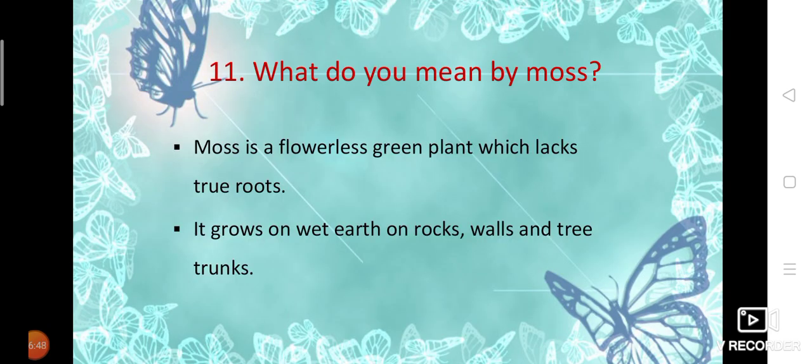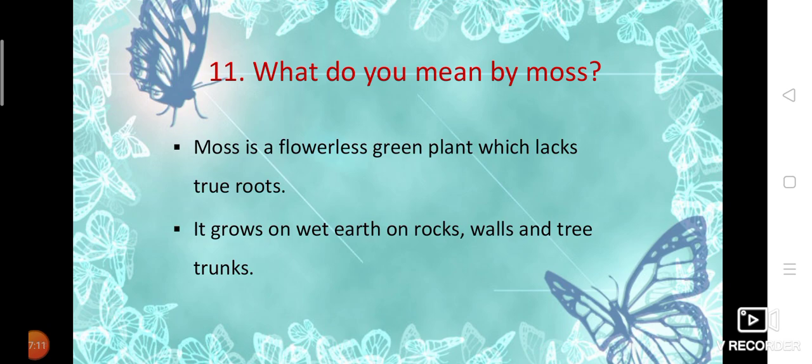What do you mean by moss? Moss is a flowerless green plant which lacks true roots. Moss is flowerless, which means no flowers, but it is a green color plant. Lacks means absence. Absence of what?